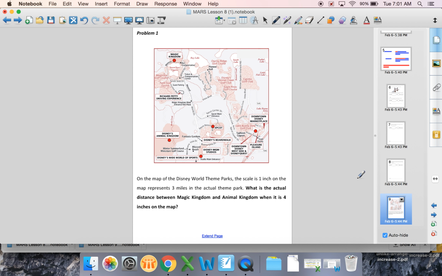All right, so now we're actually going to get into some proportion problems. Here we have Walt Disney World, and the scale is 1 inch of the map represents 3 miles in the actual theme park. What is the actual distance between Magic Kingdom and Animal Kingdom when it is 4 inches on the map?